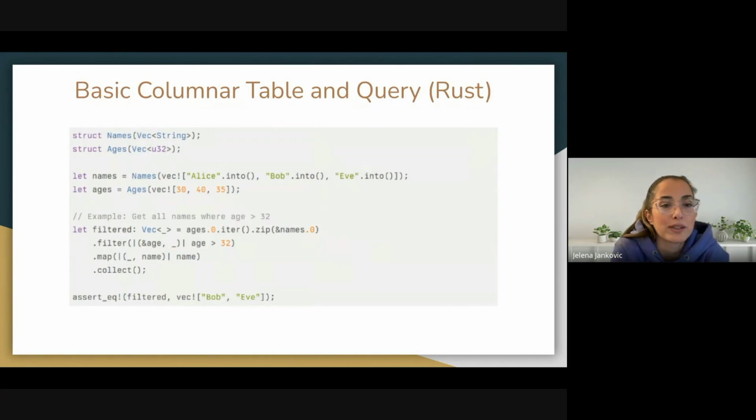If we want to get all names where age is bigger than 32, we can zip these two iterators, apply a filter, get the name, and then again use assert_eq to verify that the filtered data is the correct one. We can also verify it by checking what we entered here. If we want all the people older than 32 years, those are these two, Bob and Eve. So we can verify that our result is correct.